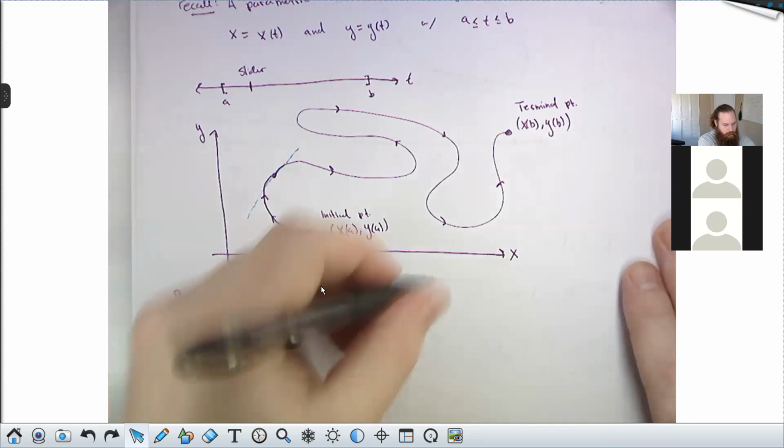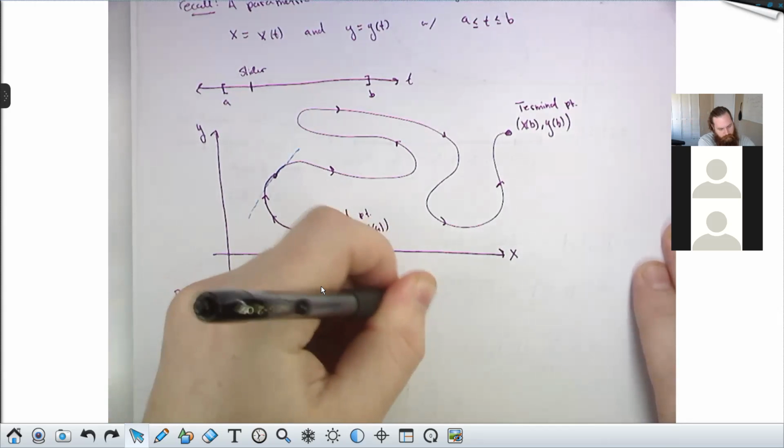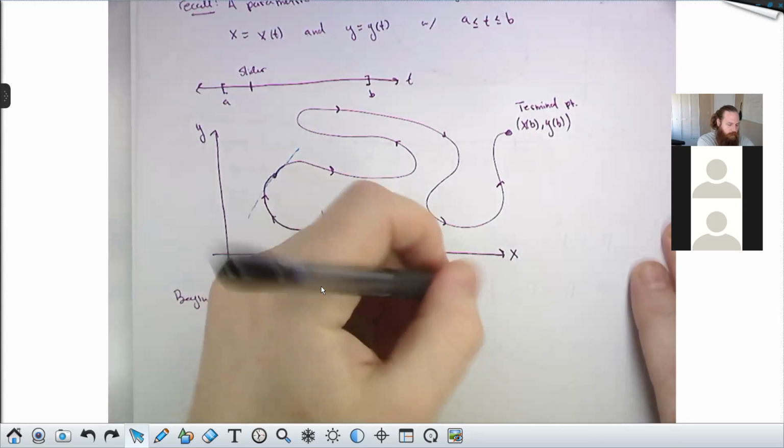So, recall the Leibniz notation for the chain rule.